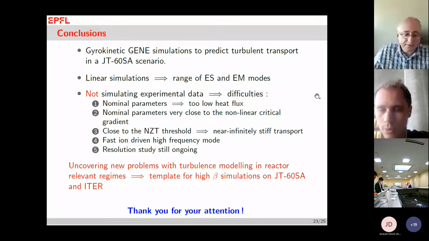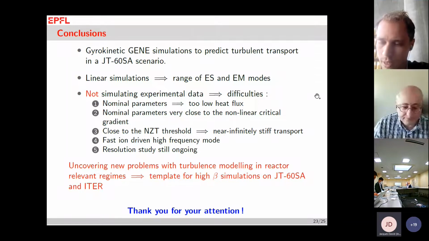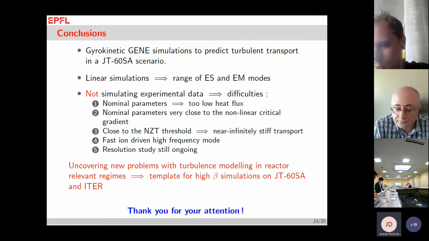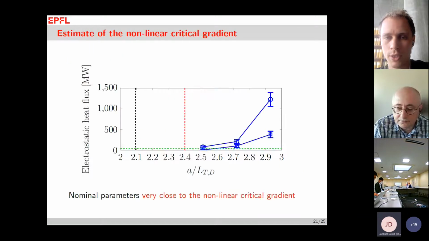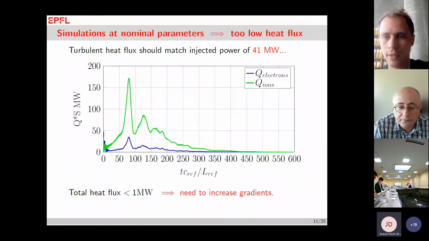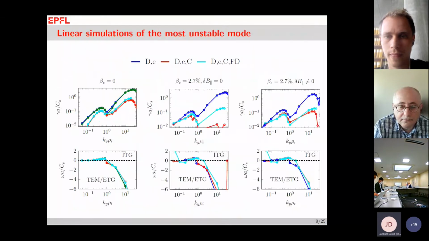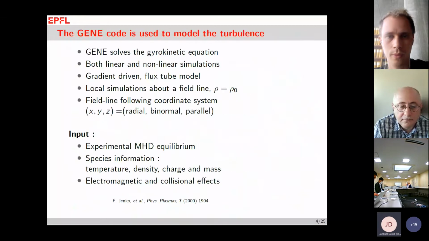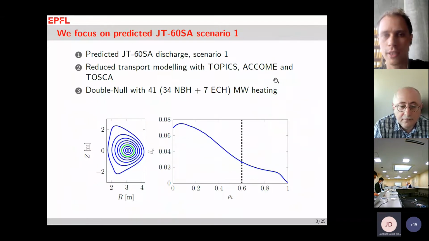Thank you. So we got profiles for the fast ions. These are predicted profiles that were computed with the suite of codes I was mentioning in the very beginning: TOPIC, SCOM, and TOSCA. This suite of codes was used to predict the profiles. So we have the equilibrium, but we also have the fast ion pressure coming in there. And then we took that and modeled it with a simple Maxwellian.